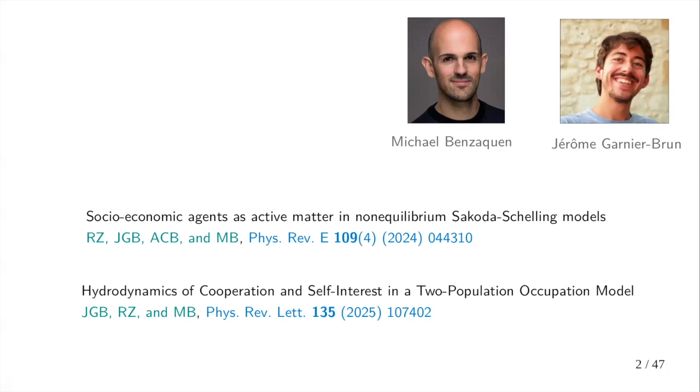A first work where we build the model of these socioeconomic agents, and a second work where we try to leverage the tools we developed in the previous model to enrich it with two populations that interact. And I will present these two papers and the results associated with them.